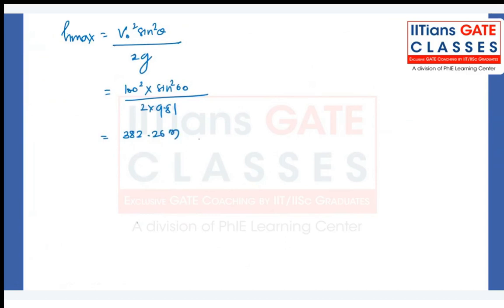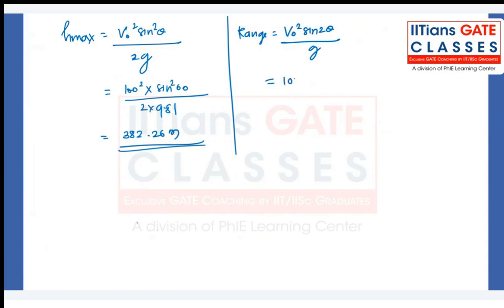Range is V naught square sin of 2 theta divided by g, 100 square into sin of 120 divided by 9.81, and that is 82.79 meters.